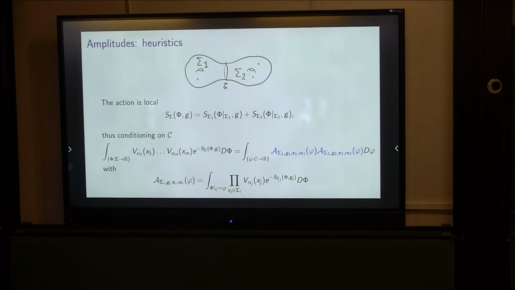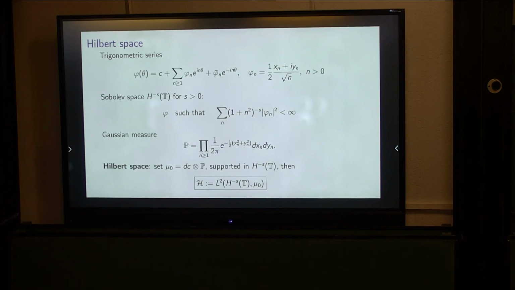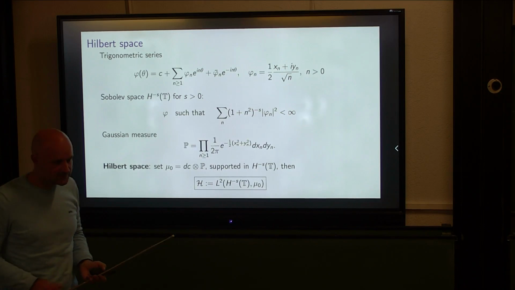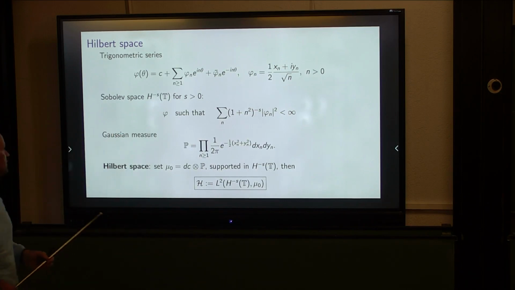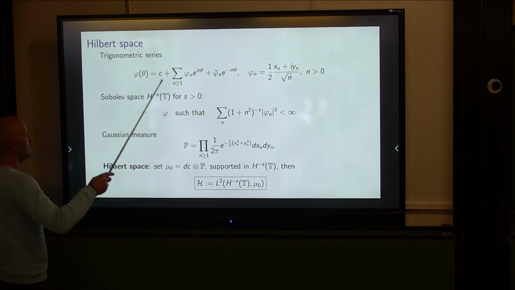Segal correspondence. Okay. So now let me describe a bit more precisely the Hilbert space. As I said, you expect the Hilbert space to be some space of maps defined on the circle. These maps, I will expand them in a trigonometric series on the circle.